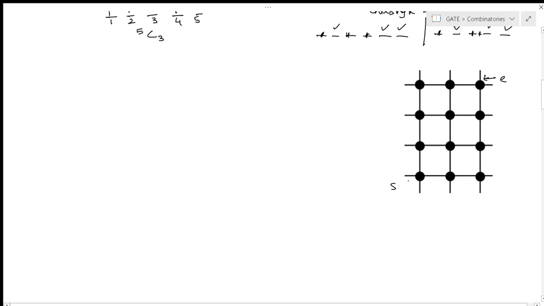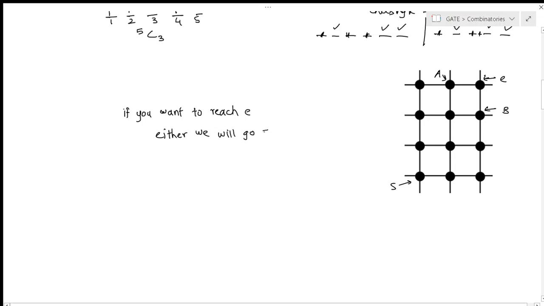Let me say this is point A, and this is point B. If you want to reach endpoint E, is it possible that you will reach E without going through either A or B? No, it's never possible, right? Either we will go through A or we will go through B.